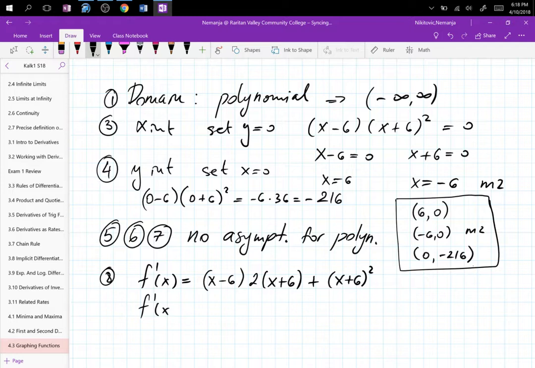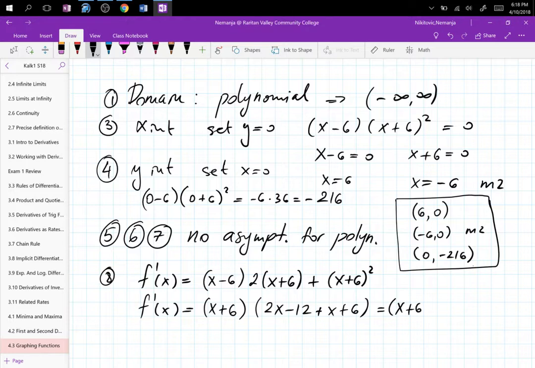So now to factor this, you factor out x plus 6, and what's left is 2x minus 12 plus x plus 6 from the second one, for a total of 3x minus 6.